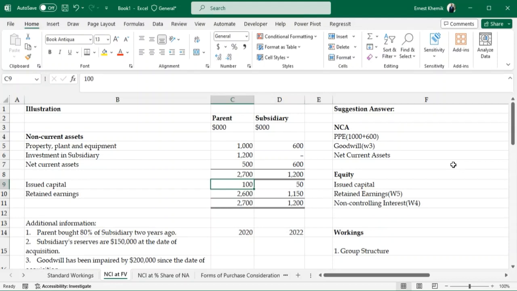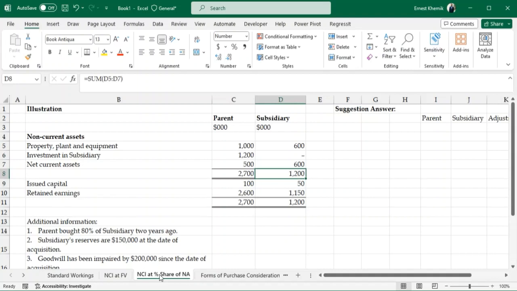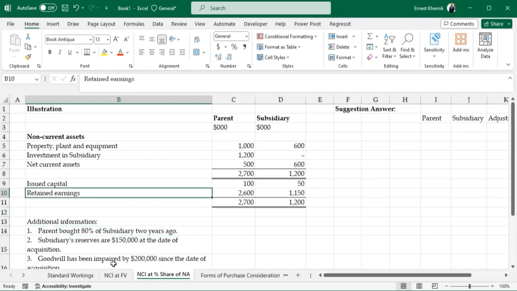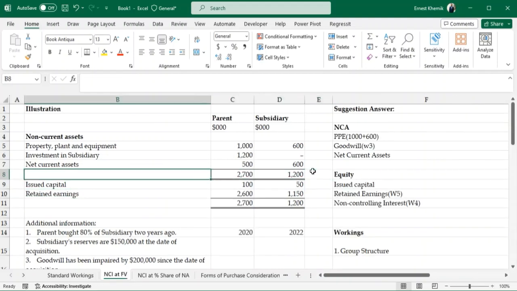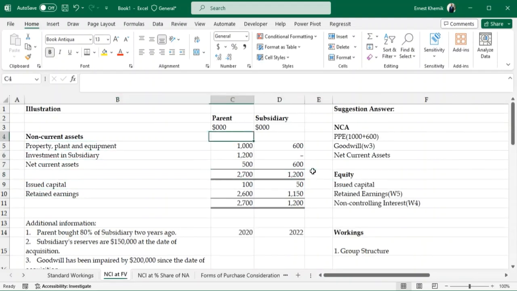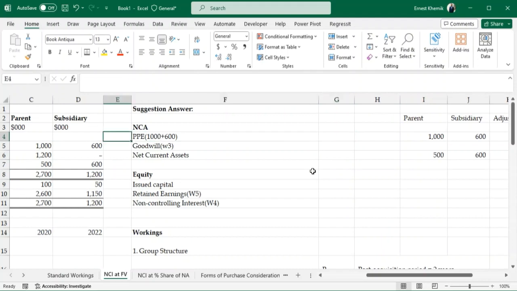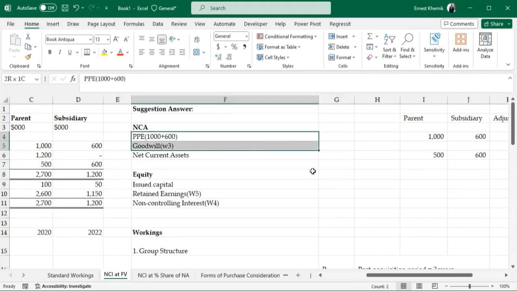Now, when it comes to the measure at a percentage of the share, let's look at the question here. So what I'll be doing is that I'm going to copy the solution that I have for this particular question. The solution is going to be the same.